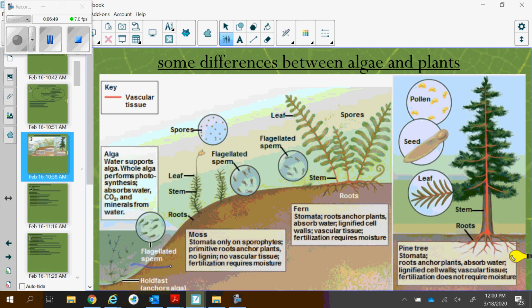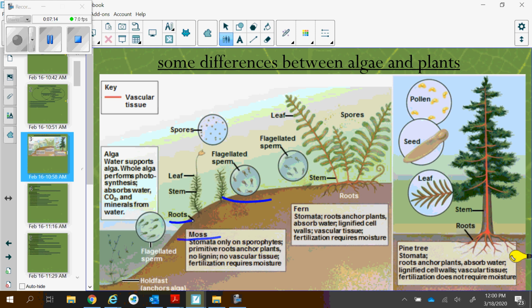So just like you would anticipate as a land animal, like a fish moved onto land, they were sort of hybrids. If you look at a fish moving onto land, it's not good for the water, although it's okay. It's not really good for land. So right in here, when we get to the mosses, you're going to see they still have the flagellated sperm, which means they have to swim, right?